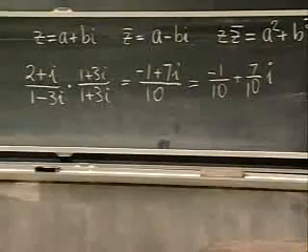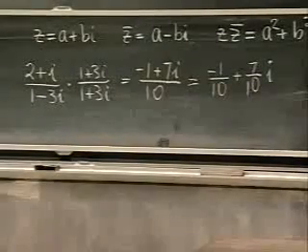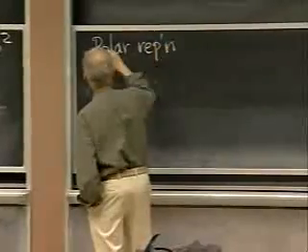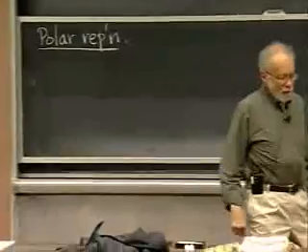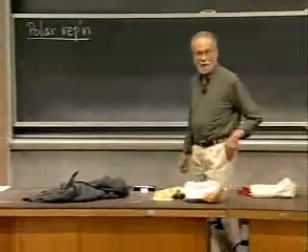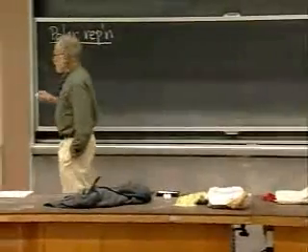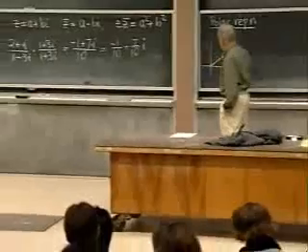Now, the main thing today is the polar representation, which sometimes they don't get to in high school. And if they do, it's usually not in a grown-up enough form for us to be able to use it. So I have to worry about that a little bit. The polar representation, of course, is nominally just the switch to polar coordinates.